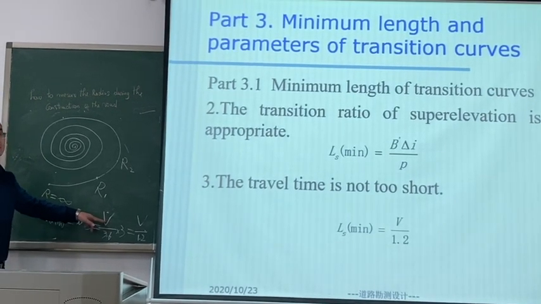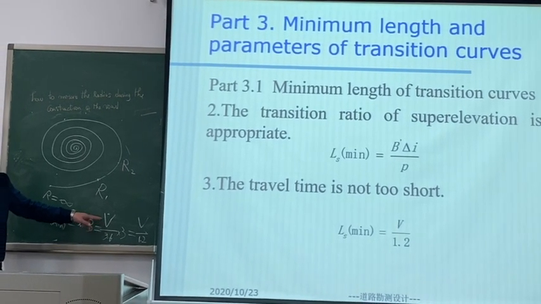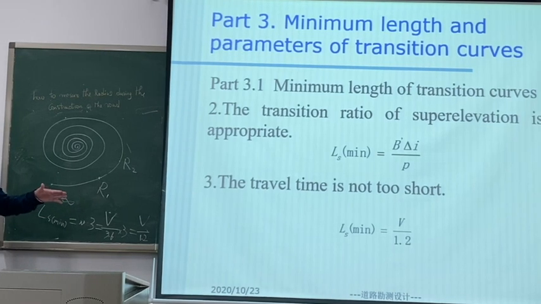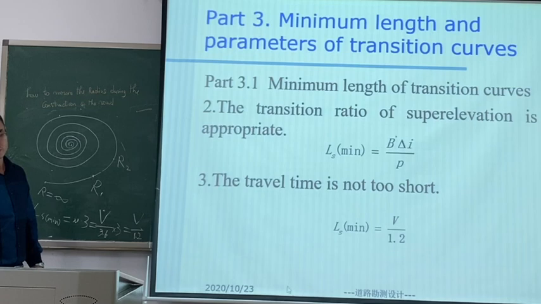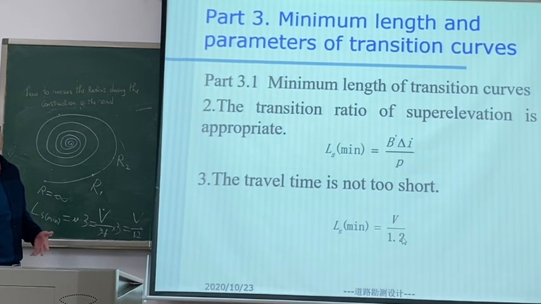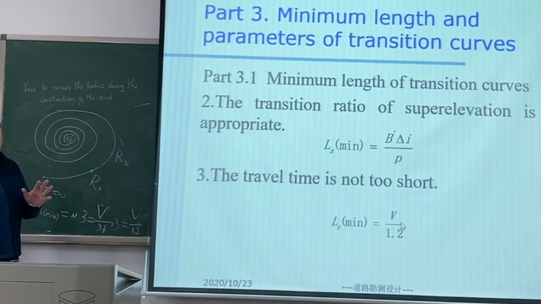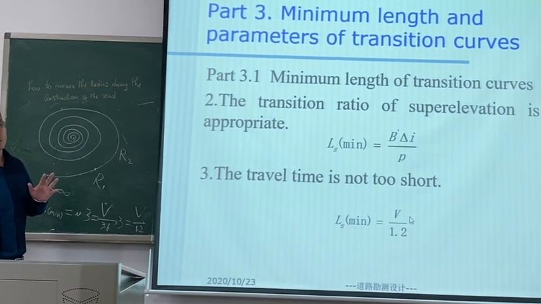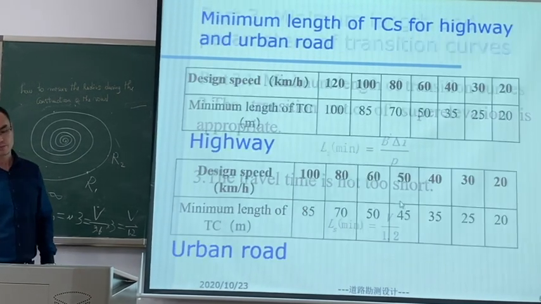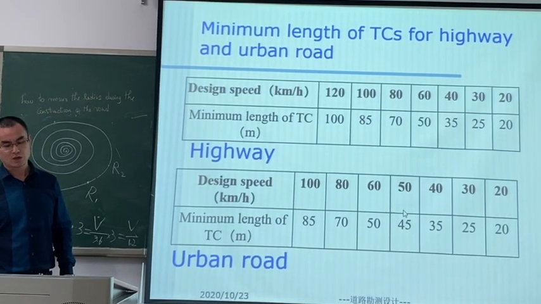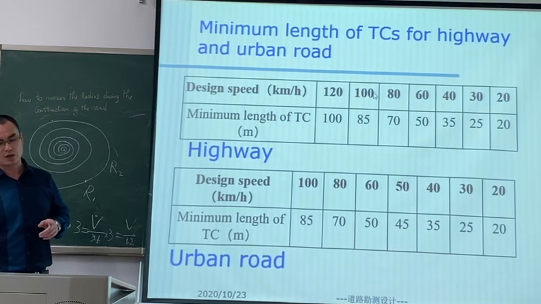The unit of this capital V is kilometers per hour. So we can get V divided by 1.2.